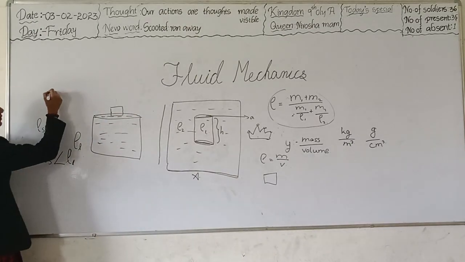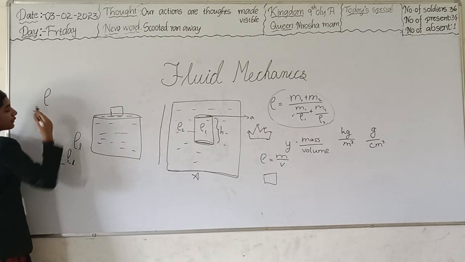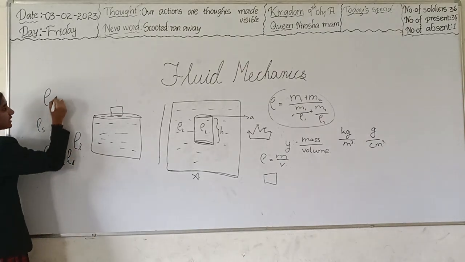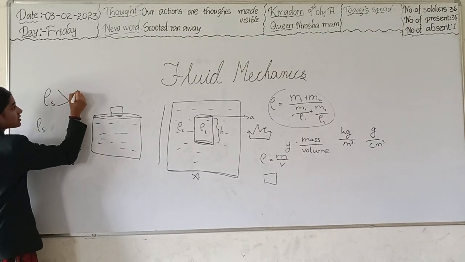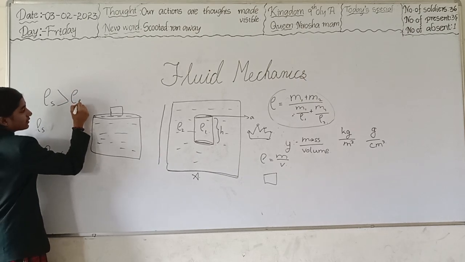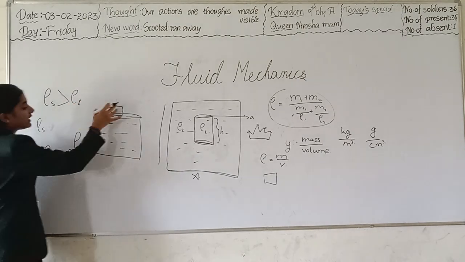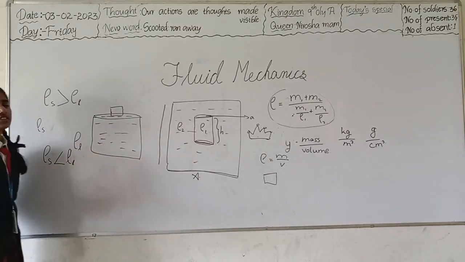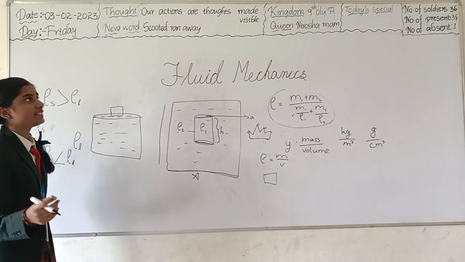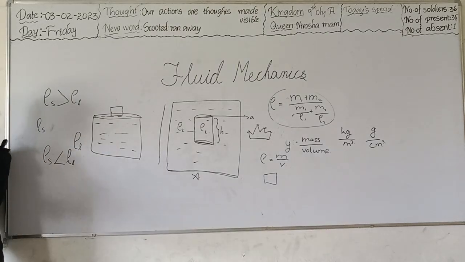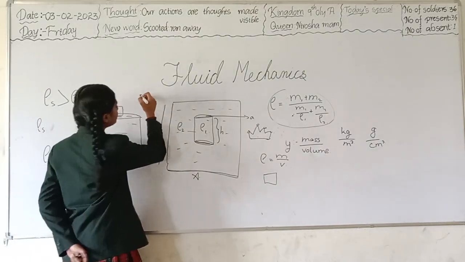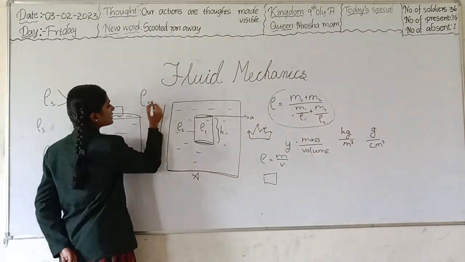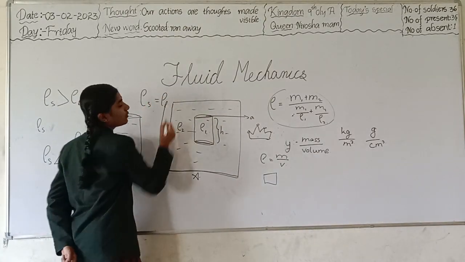And if you take another object like an iron nail, its density will be greater than the density of the liquid, right? So then it gets immersed into the water. And take any other object like a plastic cube or anything. Just for example, when rho S is equal to rho L, what happens?